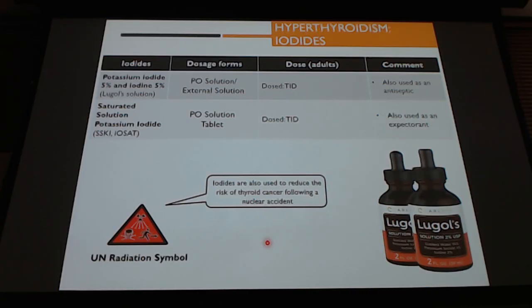It would block that medication from working. So the same thing if there was a nuclear accident or a nuclear attack, let me go and get one of my iodides, and I give this medication to the patient, and essentially it would try to help my thyroid not uptake that radioactive iodine that I was exposed to, okay?